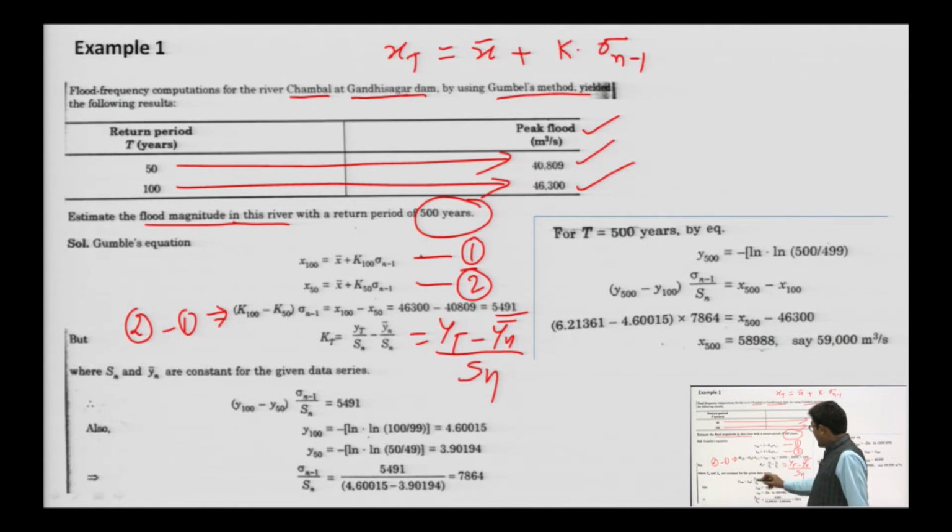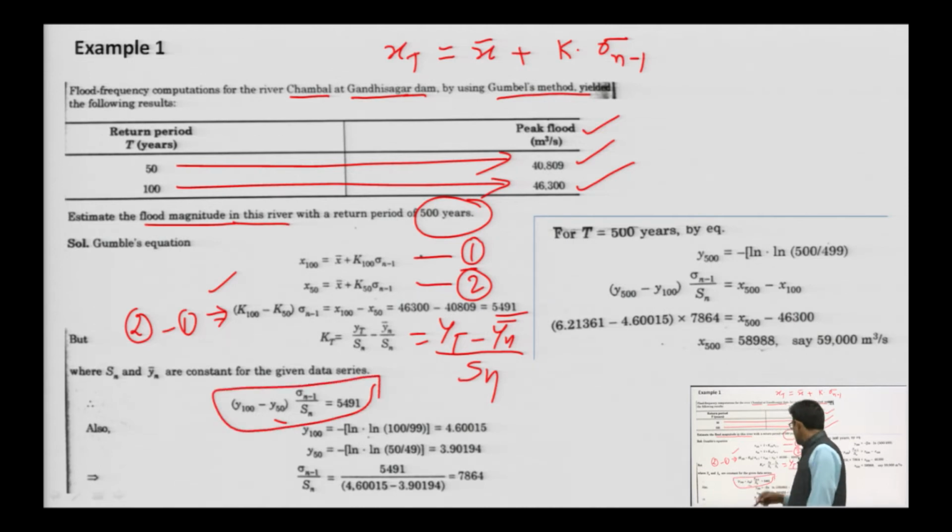For 100, in the same way, write KT for 100 and write KT for 50 and then subtract as we did in this, then we will get this one.